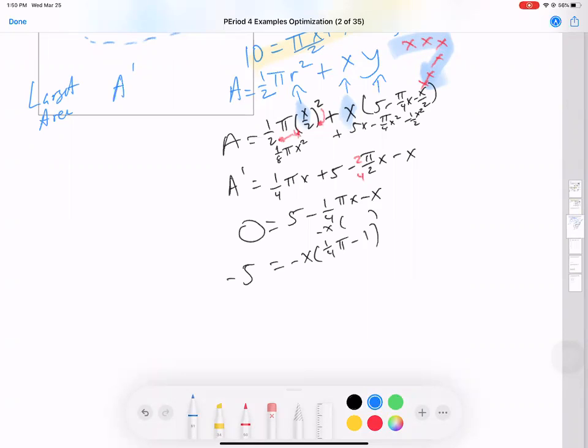Here is a trick. I don't like this fraction, so I'm going to multiply both sides by 5. If I do that, we end up with 25 is equal to x times pi plus 4. Why plus? Because when I took out the negative here, that became a positive.